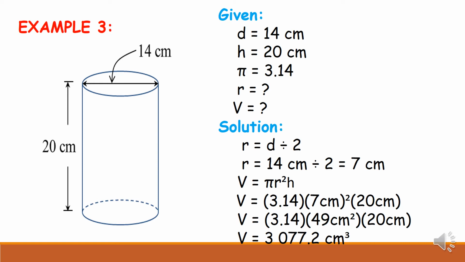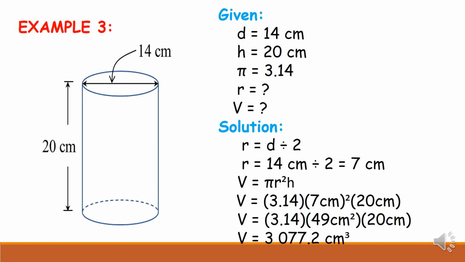We're going to look first for the radius and then the volume of the given cylinder. Radius is equal to diameter divided by 2. So radius is 14 centimeters divided by 2, which is equal to 7 centimeters.